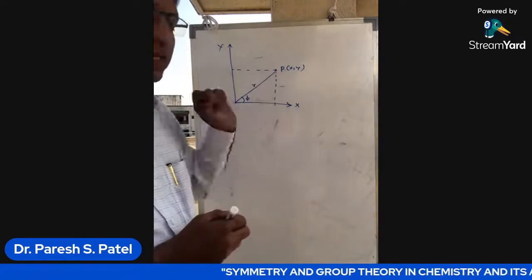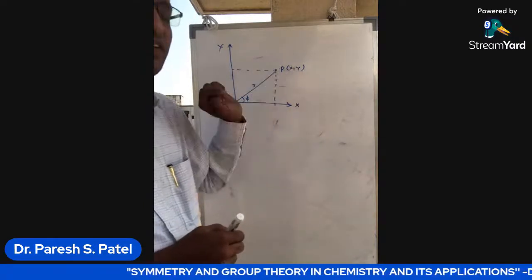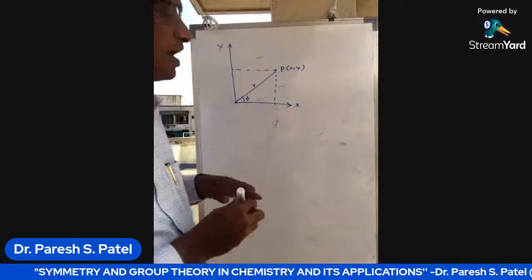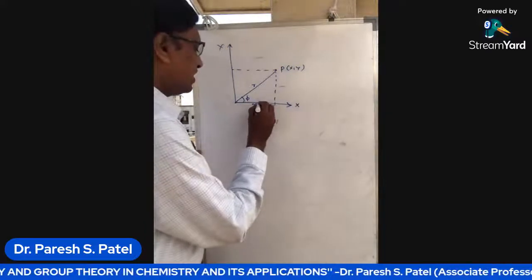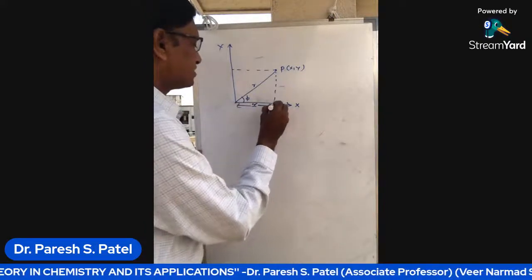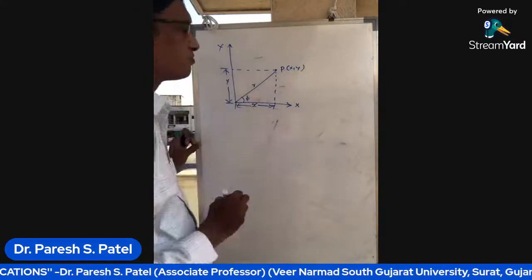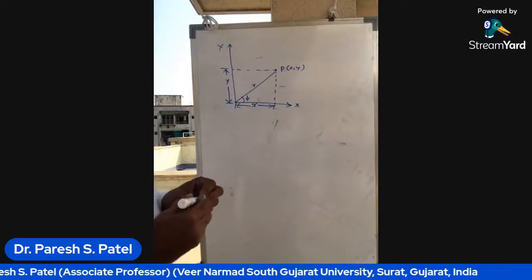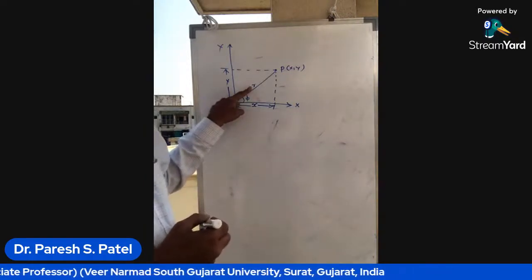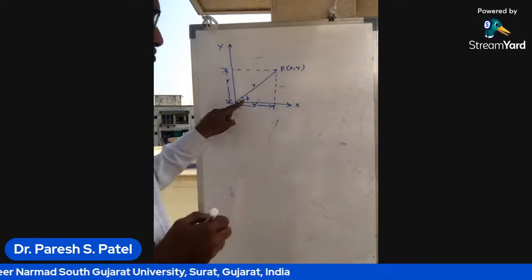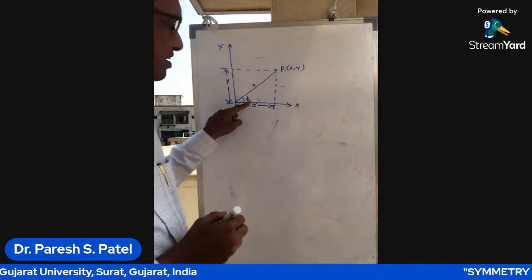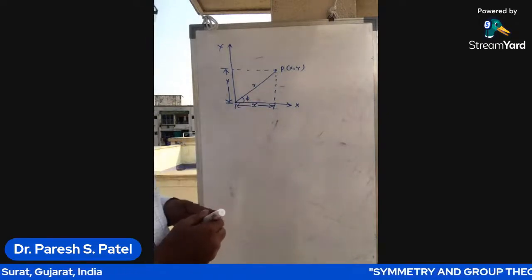Now, this is the vector P with the coordinates x and y. It means along the x-axis the distance is x, and along the y-axis the distance is y. The length of this vector P is r. Now, the angle along the x-axis is phi.